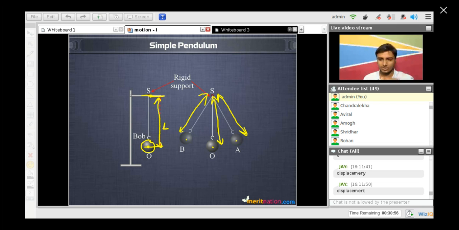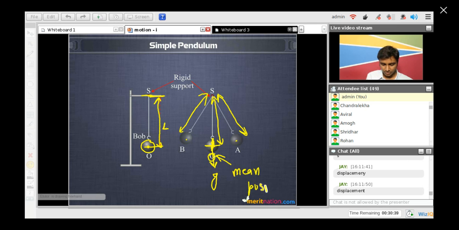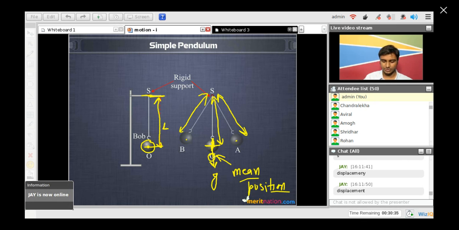So O is the mean position where all the forces are balanced. Gravity acts in the downward direction, so it will not move. This is the mean position of the pendulum, where motion will not take place if you keep it at this position.